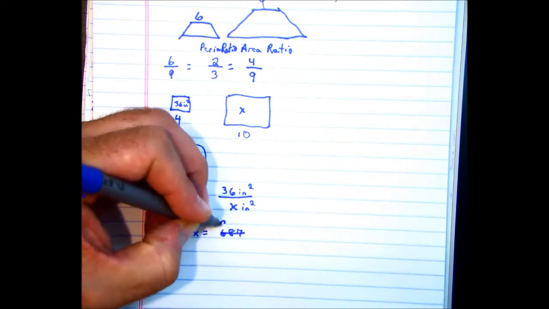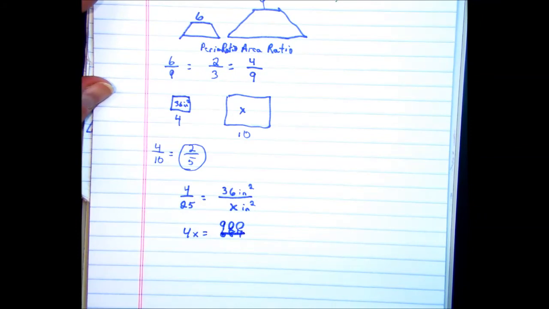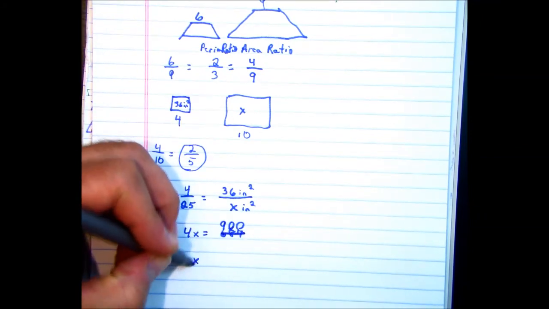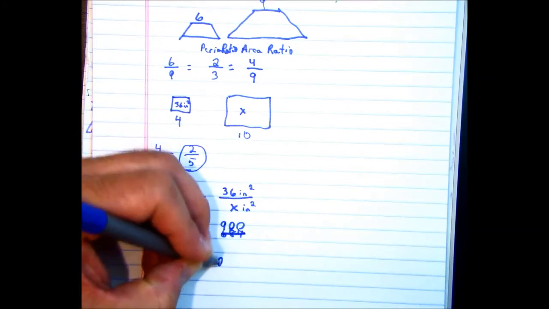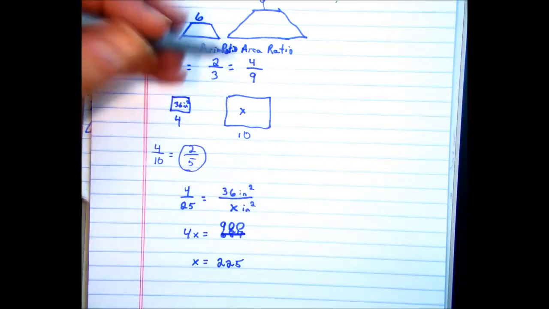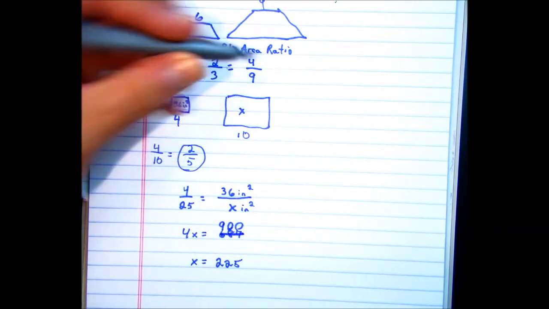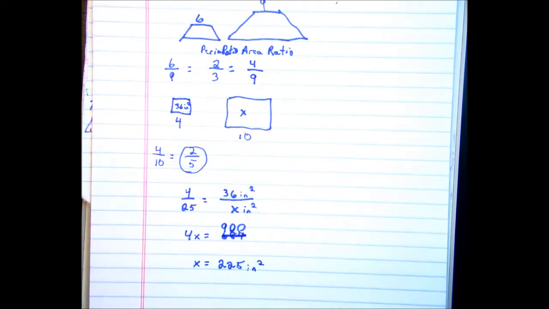Sorry. Equals 900. Right? Then I divide. So, the area of the bigger shape is 225 inches squared.